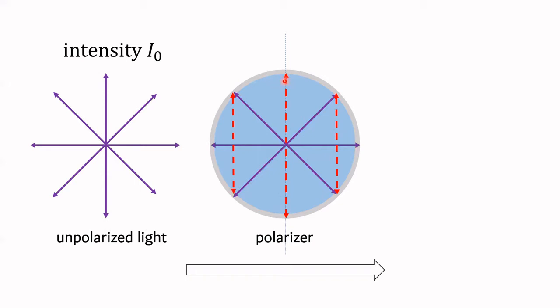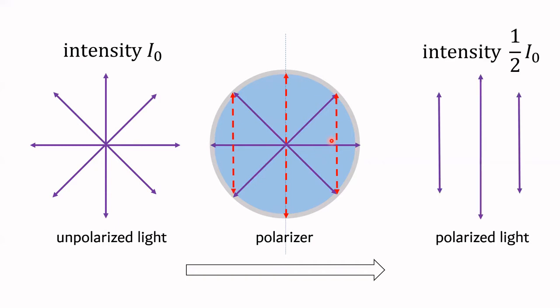Okay, so the dashed red components are passed, and I haven't even drawn the components which are perpendicular to the polarizer axis. For instance, this half vector would have a component like this, which is perpendicular to the polarizer axis. That is blocked by this ideal filter. And so what comes out would be this.